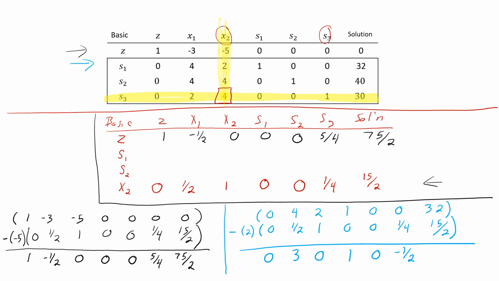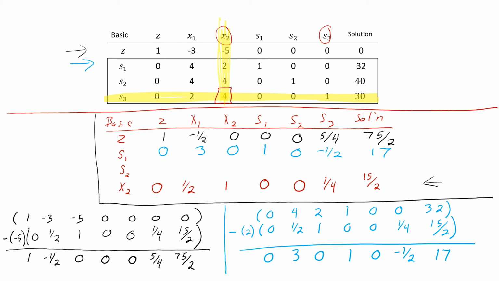This becomes 32 minus 15, which becomes 17. So that row becomes 0, 3, 0, 1, 0, -1/2, and 17. Kind of tedious.